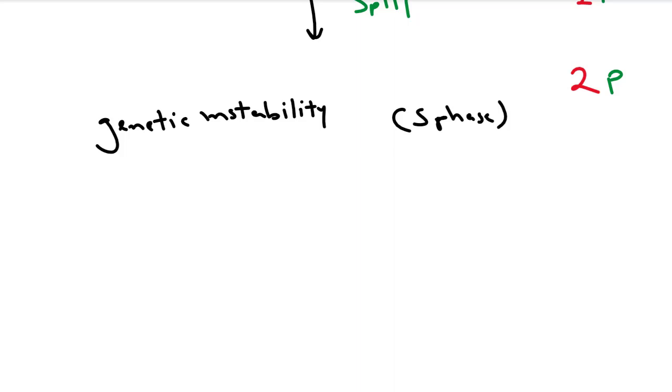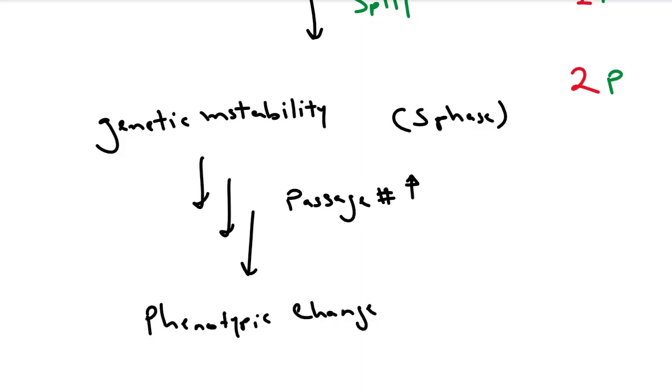Every time a cell goes through mitosis, at each S phase, it will pick up some mutation. Sometimes the mutations can be dramatic, sometimes it can be very benign, but it will pick up mutations and it will start to accumulate these mutations. So eventually, as you have many passages, as your passage number increases, that genomic instability starts to accumulate and the phenotype of the cell will change.